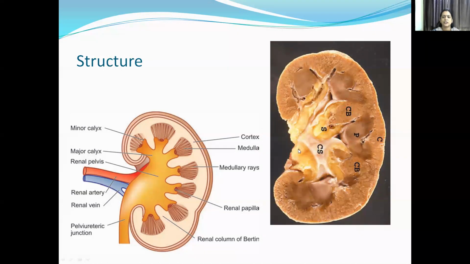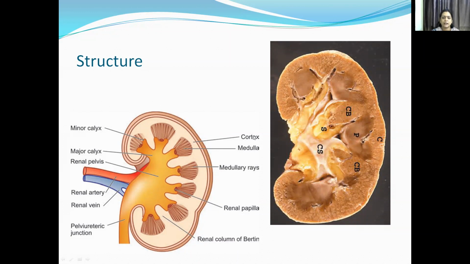These structures are normally in proportion to each other. But if there is any disproportionate increase, or if we are unable to distinguish the cortex and the medulla, or the corticomedullary junction is lost because of any disease, then just by seeing the gross specimen, you can know that there is some disease involving the kidney.